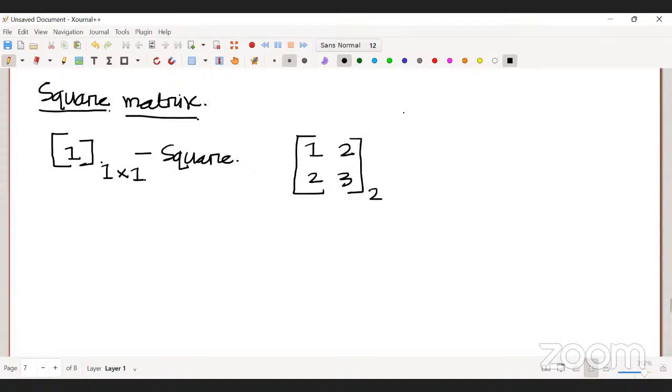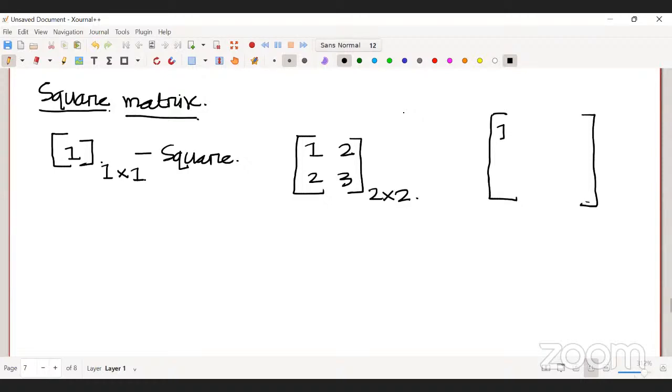This is a square matrix because it has 2 rows and 2 columns. Similarly I can construct a square matrix of order 3, 3 cross 3, 4 cross 4. For any natural number, I can construct a square matrix of that order.